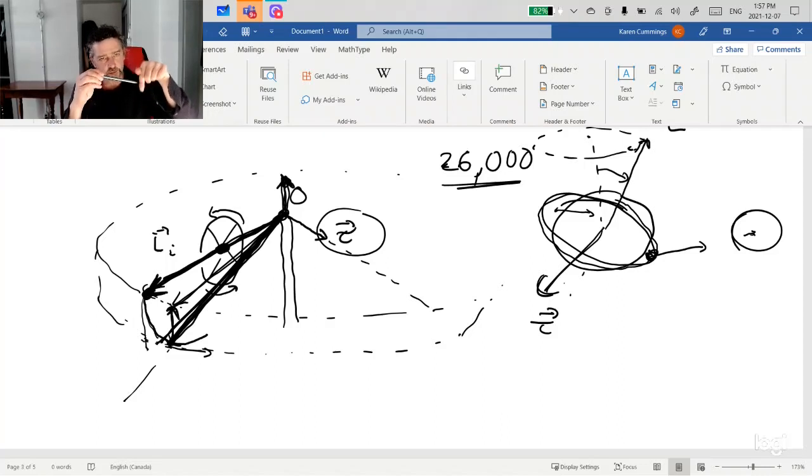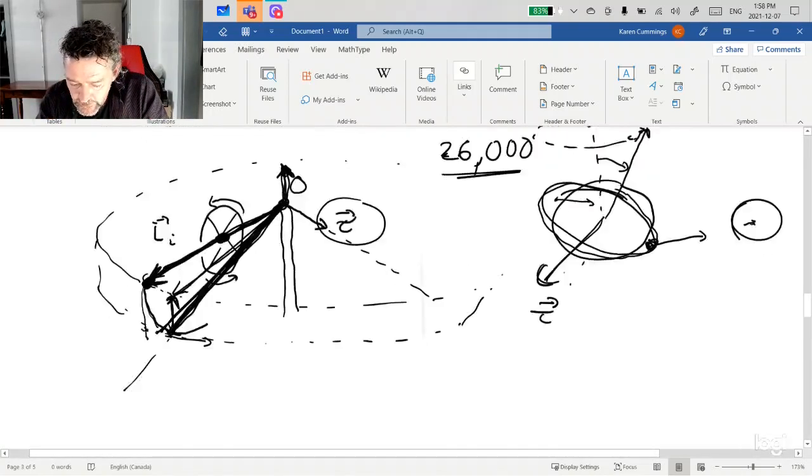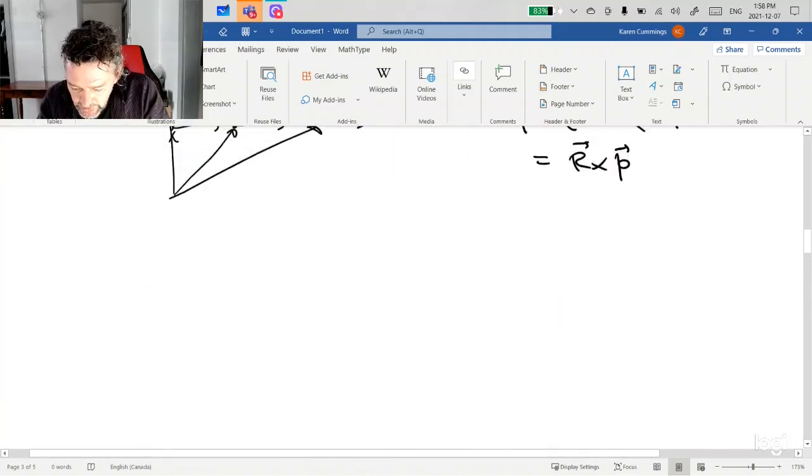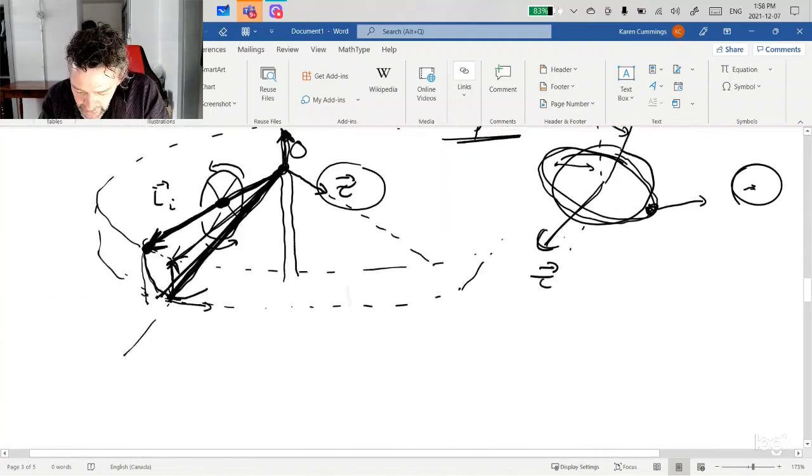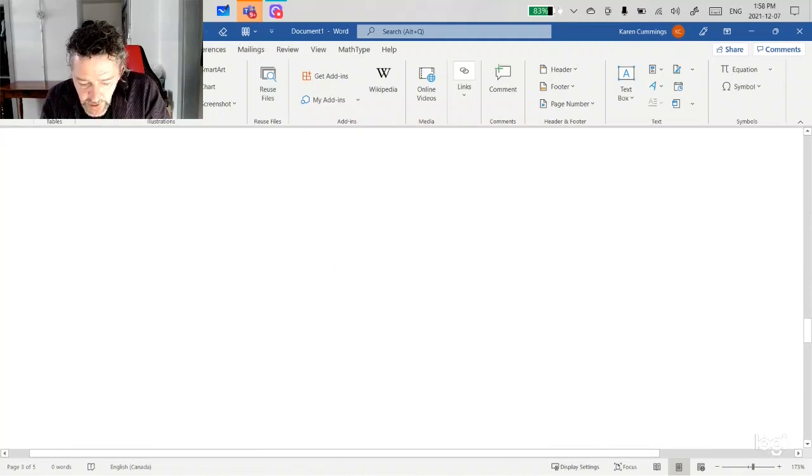So the offending downward component of angular momentum is cancelled by the precession angular momentum upwards, because the whole thing is now swinging around like this and has angular momentum that way. Yeah, that's right. There's a lot of beautiful physics in angular stuff.